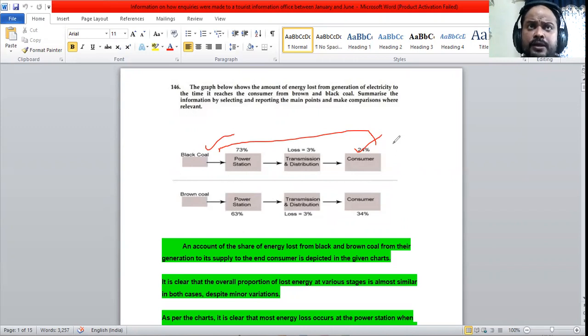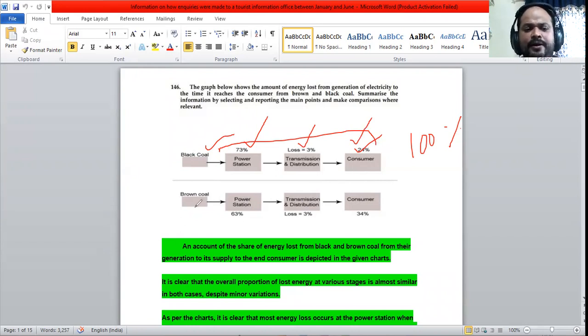Out of the total energy, that is 100%, 73% is lost at the power station, 3% is lost when it is transmitted and distributed, 24% is lost when it is supplied to the consumer.